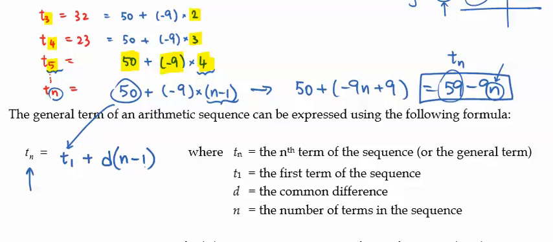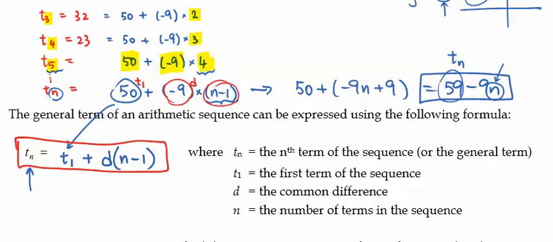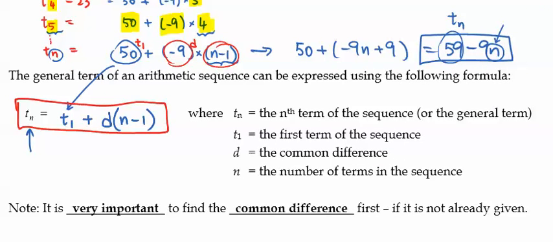When we are to find the equation for any term of an arithmetic sequence, we can always use this formula. Starting from term 1, you keep adding the same pattern again and again, and you will be able to find the equation for your general term.